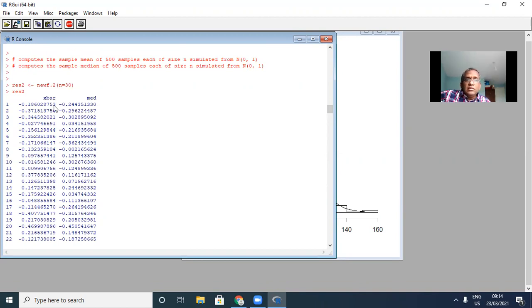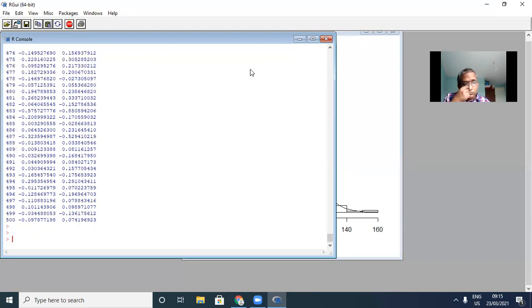The first column is the sample mean, and the second column is the sample median, right? So the first column gives the sample mean for the 500 samples, each of size n. Here n is 30, and the second column gives the sample median of the 500 samples, each of size 30, simulated from the standard normal, right?